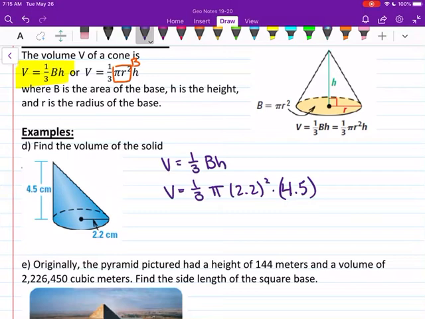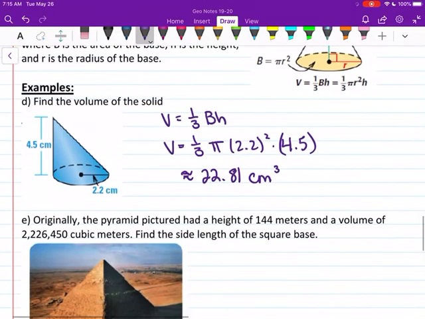Let's just plug it all in, because 1/3 is not very friendly. Okay, so if I plug it all into my calculator, I'm going to get approximately 22.81 cubic centimeters. Fantastic. Next example.